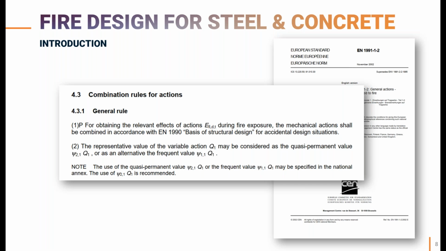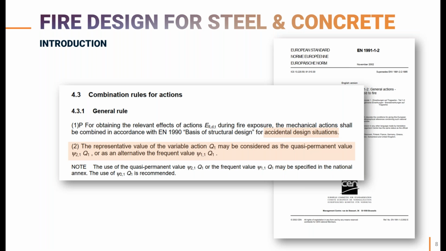In this part of the code, it is also defined the load-bearing requirement of the structure during fire exposure. This is defined as an accidental design situation. And in this situation, the representative action of the variable load is defined as either a quasi-permanent value or a frequent one, depending on the national annex.